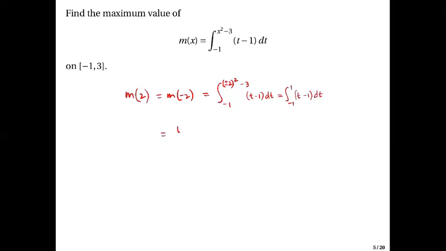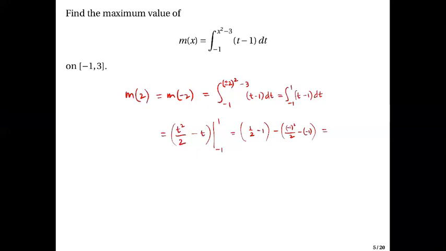If we evaluate, same as before, this is t squared over 2 minus t, this time evaluated from negative 1 up to positive 1. So we have 1 half minus 1, minus negative 1 squared over 2 minus negative 1.